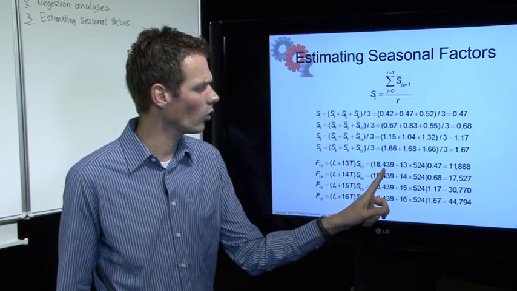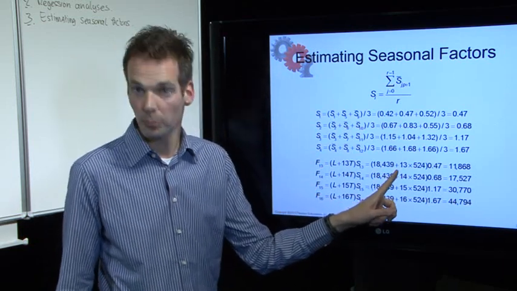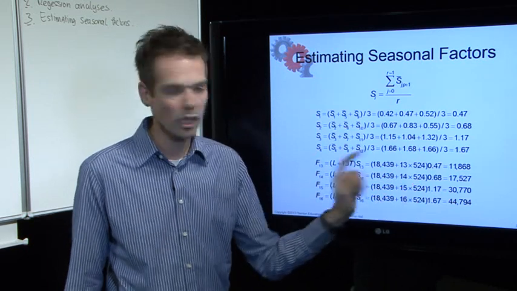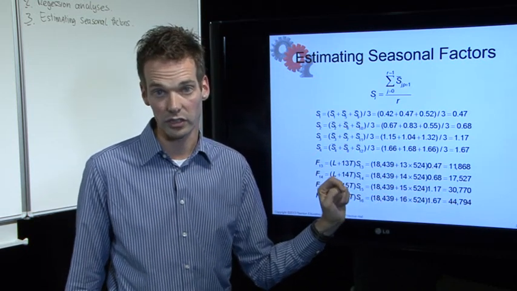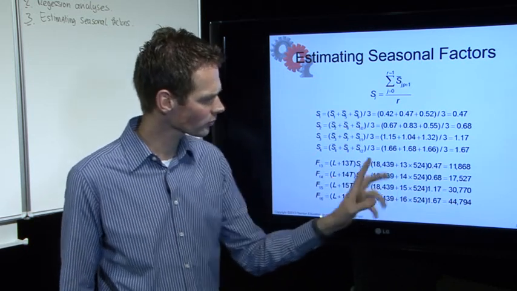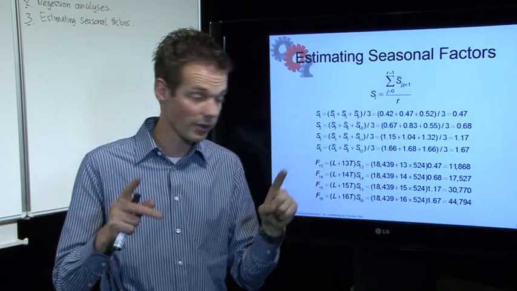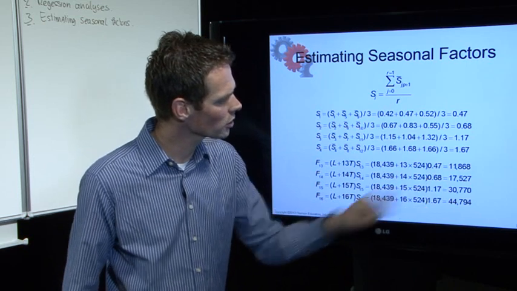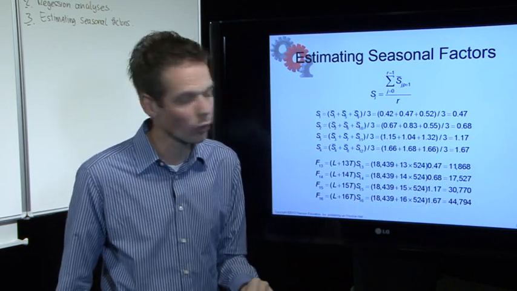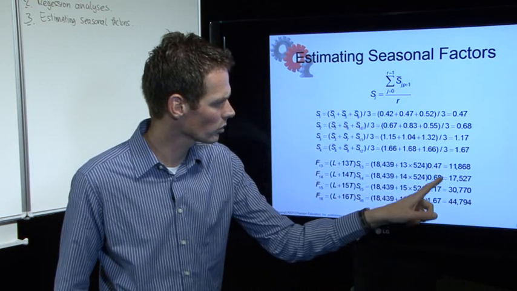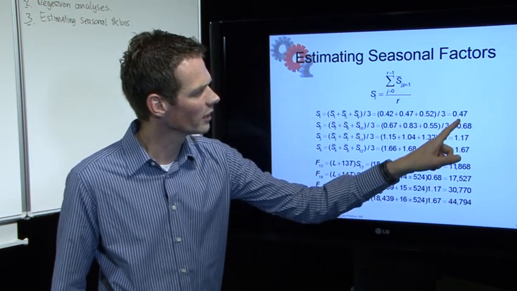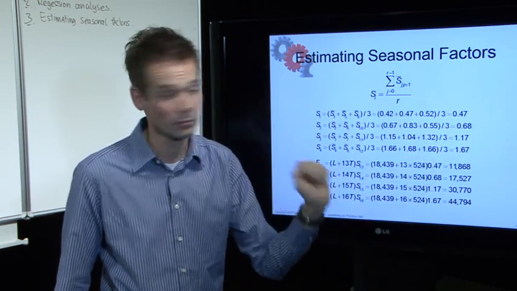So 18,439 plus 13 times 524, and that whole bunch, as it is between brackets, times 0.47. Times 0.47, please relate that to the seasonal factor.